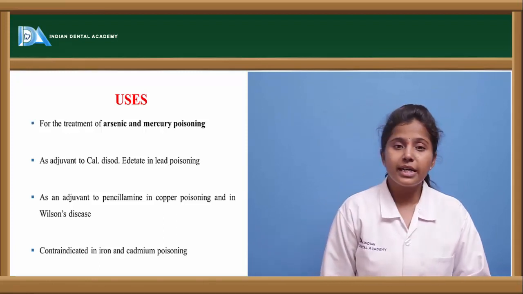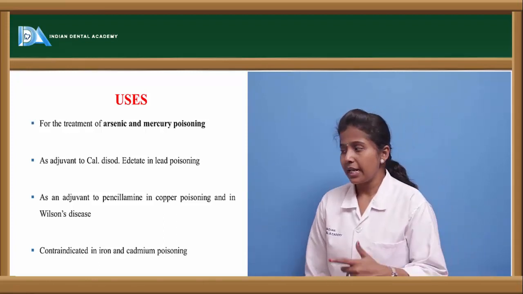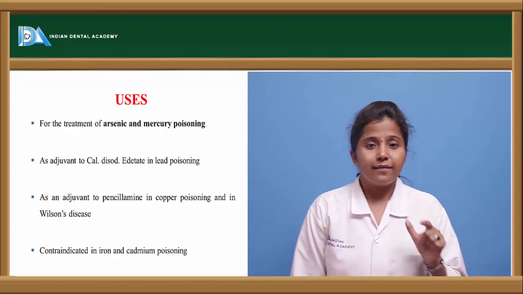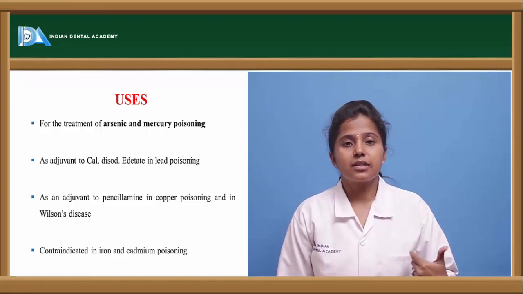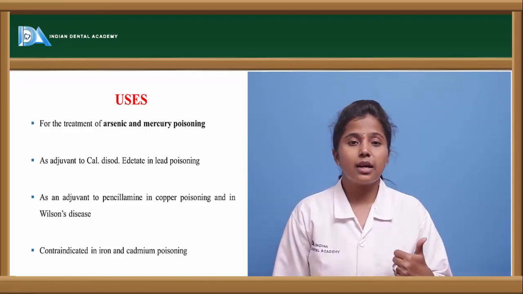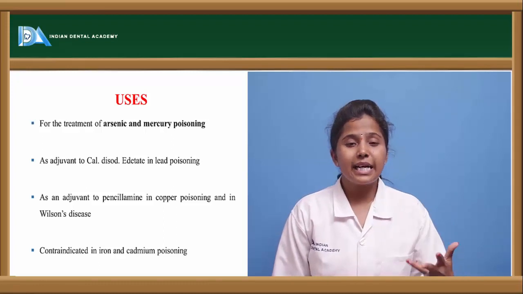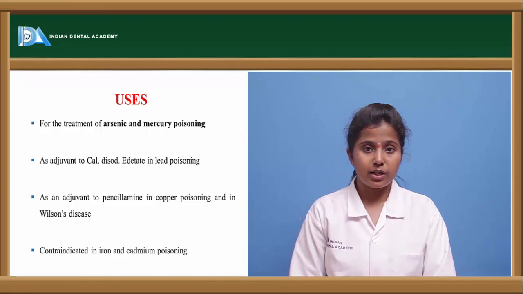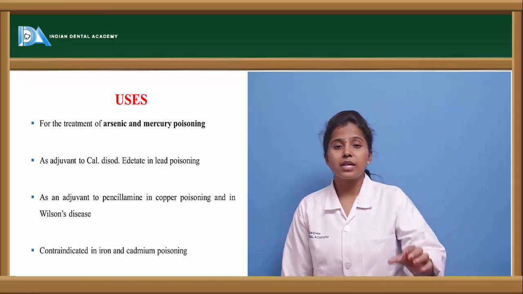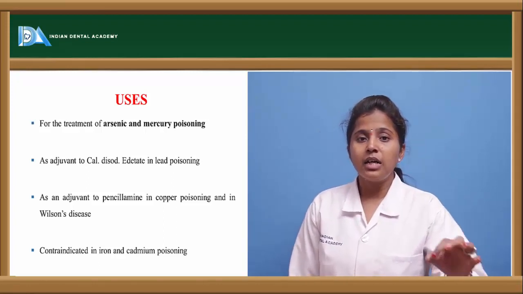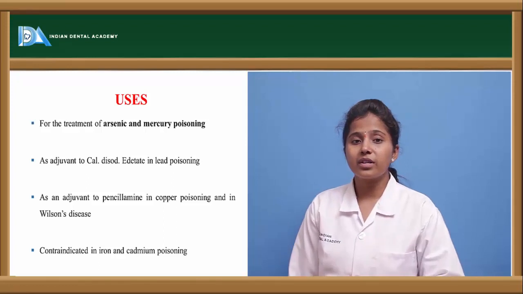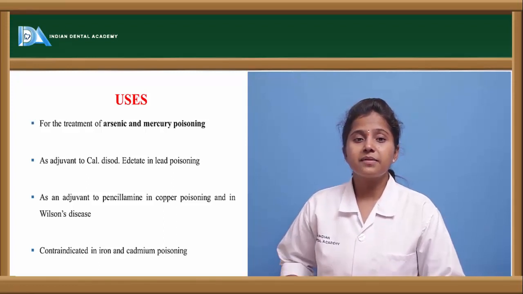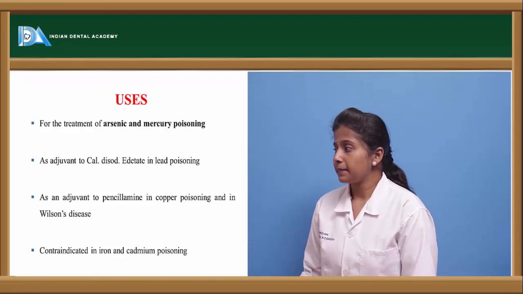And it is contraindicated in iron as well as cadmium poisoning. So we can indirectly say that DIMERCAPROL is used in arsenic, mercury, lead as well as copper poisoning, but it is contraindicated in iron as well as cadmium poisoning because when it is combined with iron, the ferric form is converted to the ferrous form, and this ferrous form is very dangerous to the body.